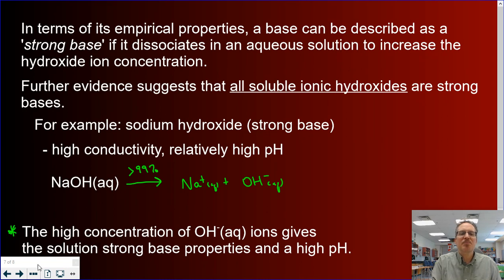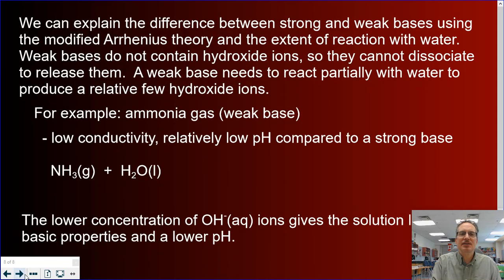Now, if I compared that to a weak base, we would have to use the modified Arrhenius' theory and the extent to how our weak base reacts with water. Remember, weak bases do not contain hydroxide ions. They cannot dissociate to release them.